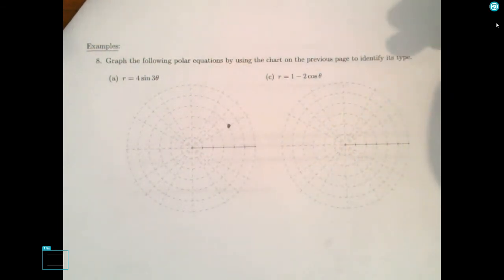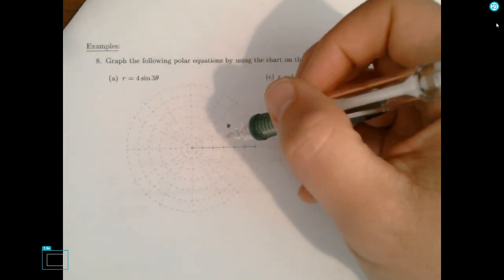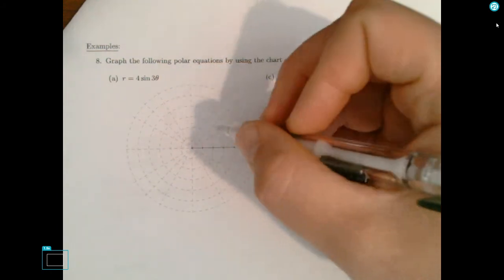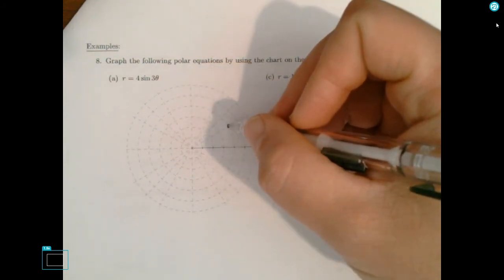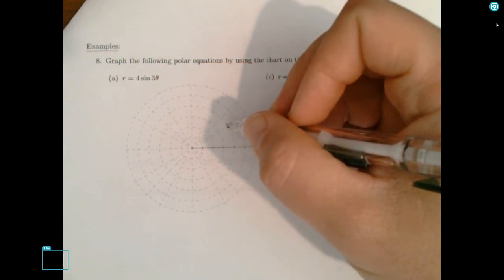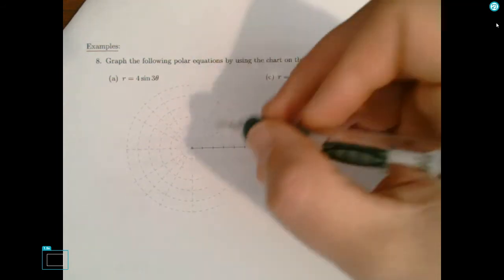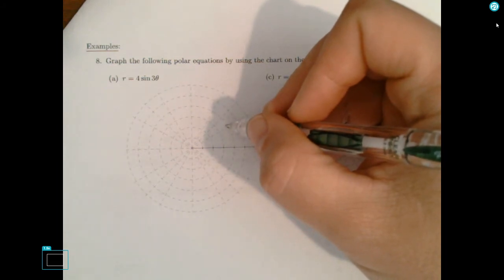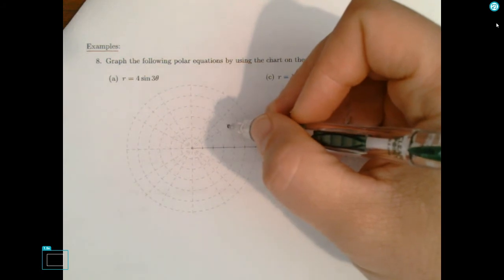They're evenly spaced. If I take 2 pi and divide it by 3, I get 2 pi over 3. So pi over 6 plus 2 pi over 3. Oh, goodness gracious. Pi over 6 plus 2 pi over 3 is pi over 6 plus 4 pi over 6, which is 5 pi over 6.